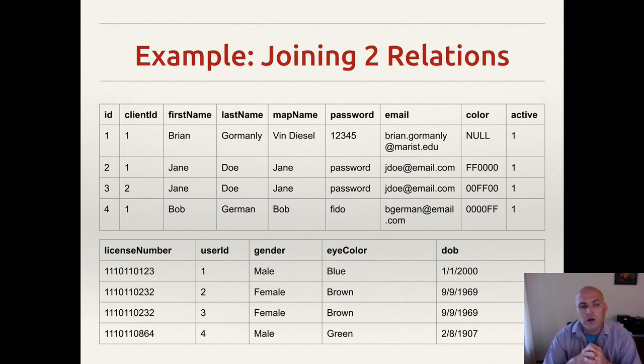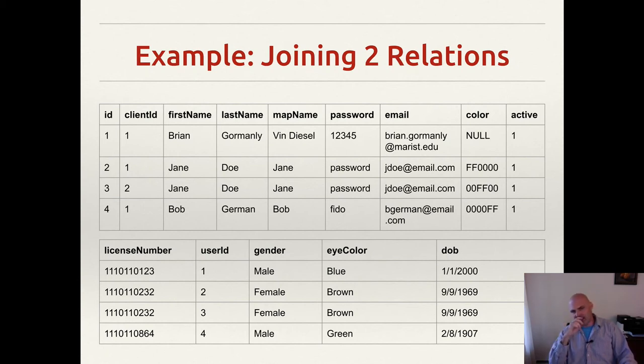So I have 4 records in my user table here. Notice that they all have a client ID as before. I've added Bob there, and I have a password field now so they can log in. I have a map name. What this is, by the way, I'm Vin Diesel. It's a long story. The map name is what appears when your little dot is moving around the map, when somebody's looking at the map and sees all the people moving around, that's the label they'll see for the person.